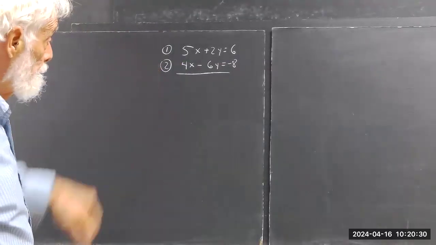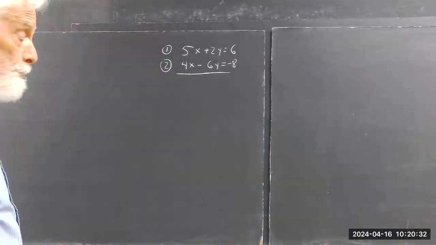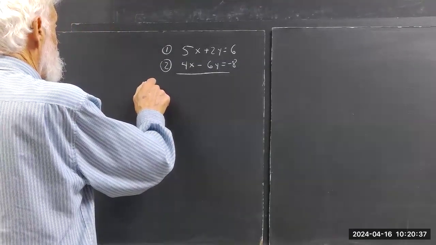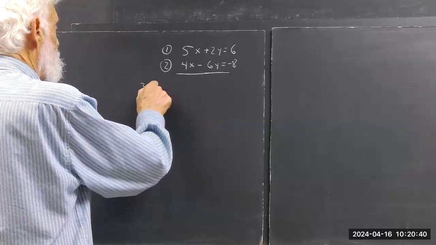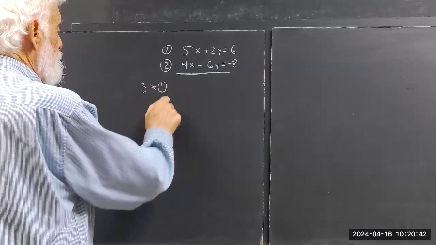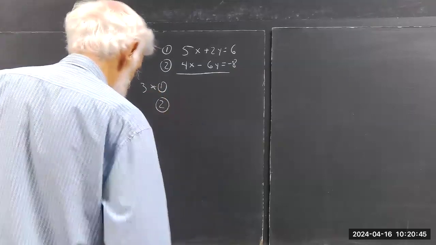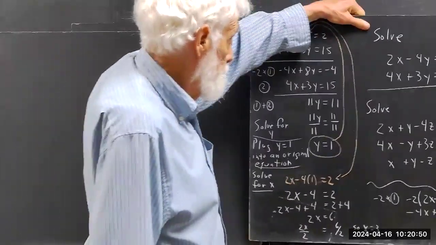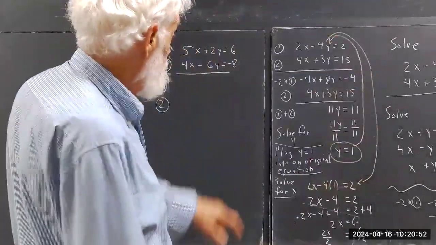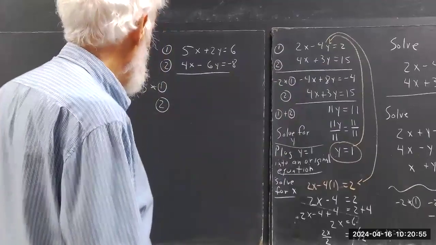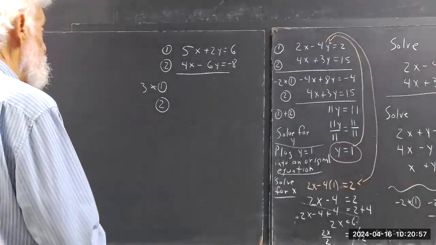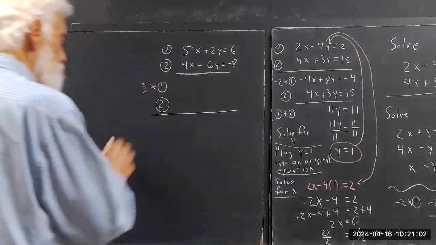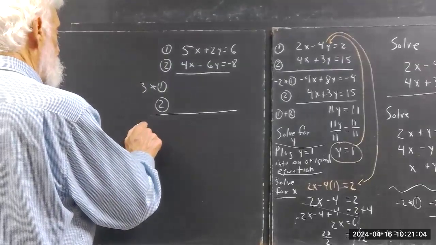Here's equation one, here's equation two. Now, what I want you to do is multiply equation one by three. And then write equation two, which is much identical to what we did here, except the numbers are different. Then I want you to add.